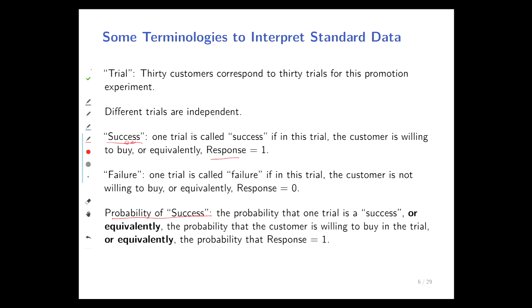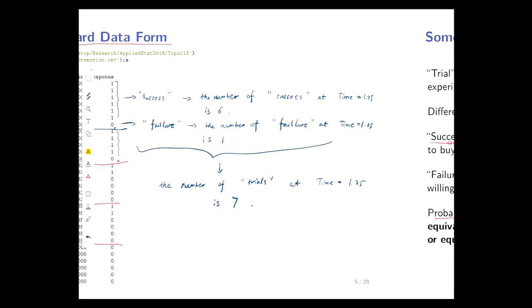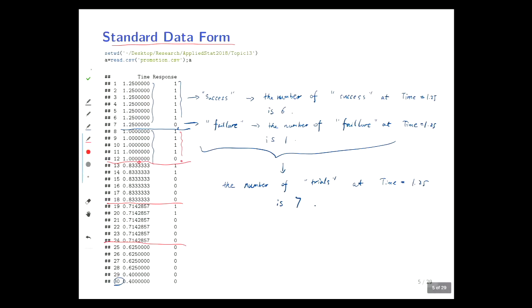Because success means response equals 1, the probability of success means the probability that the response equals 1, or the probability that one customer is willing to buy in the trial. Or you can consider, in each row, the probability that response equals 1. So that's the meaning of success, failure, and trials.